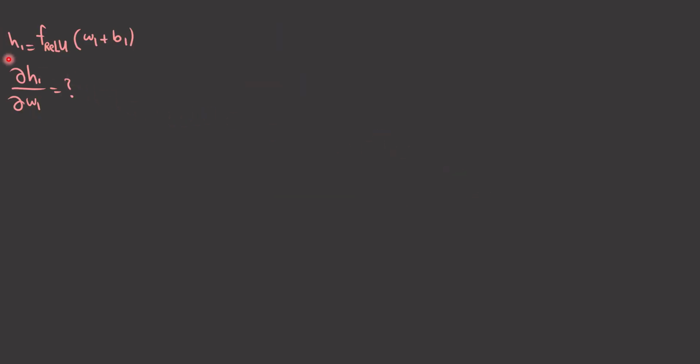So as you can see, h1 is a function of w1 plus b1, and we want to calculate the partial derivative of h1 with respect to w1. As a matter of fact, we can rewrite this as h1 is equal to a function of something, and that something is w1 plus b1.